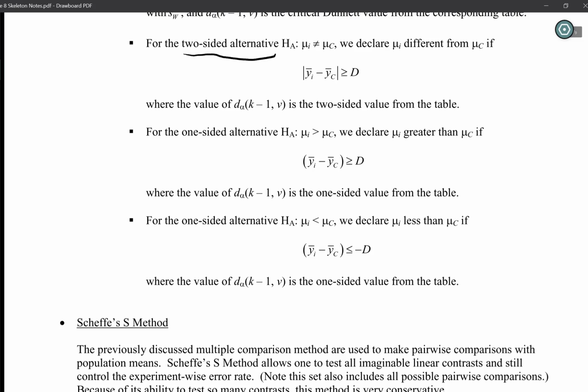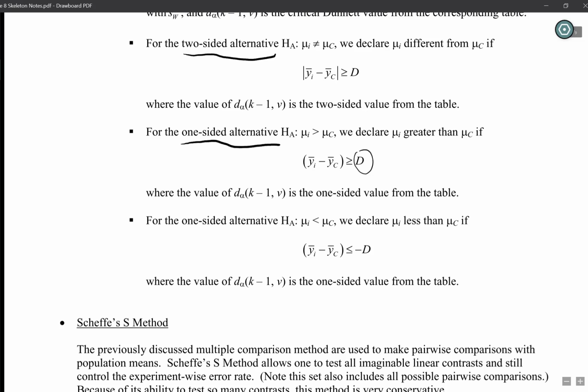We could have a right-sided alternative hypothesis. It would look like this there in the alternative, and we're going to declare the difference if we exceed this D value here.